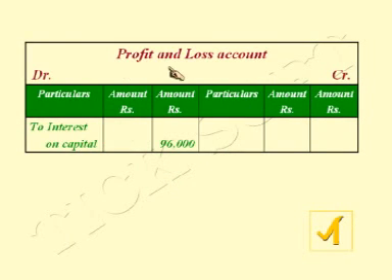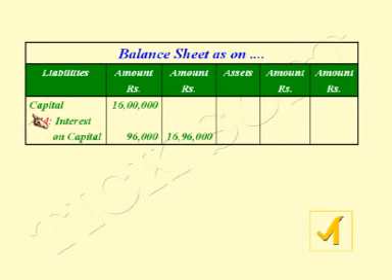Then on the profit and loss account debit side, interest on capital 96,000 in the outer column. You have to show what the effect is in the final accounts. Then balance sheet, capital 16 lakhs plus interest on capital 96,000, so outer column 16 lakhs 96,000.